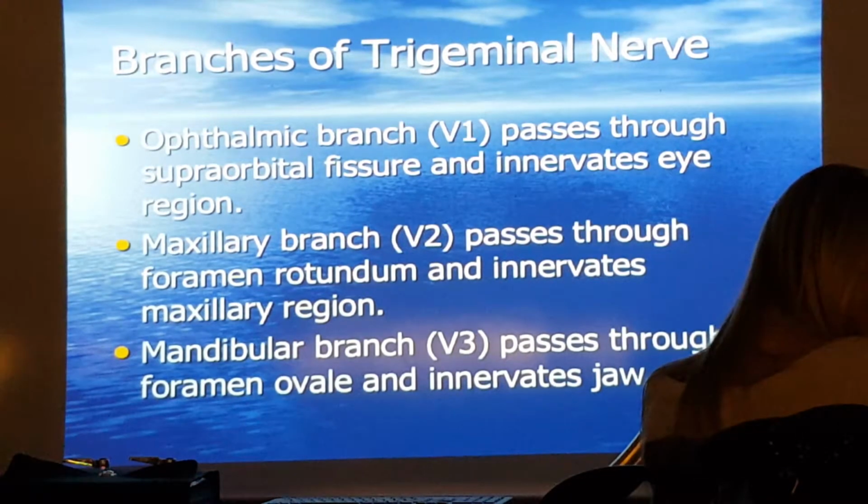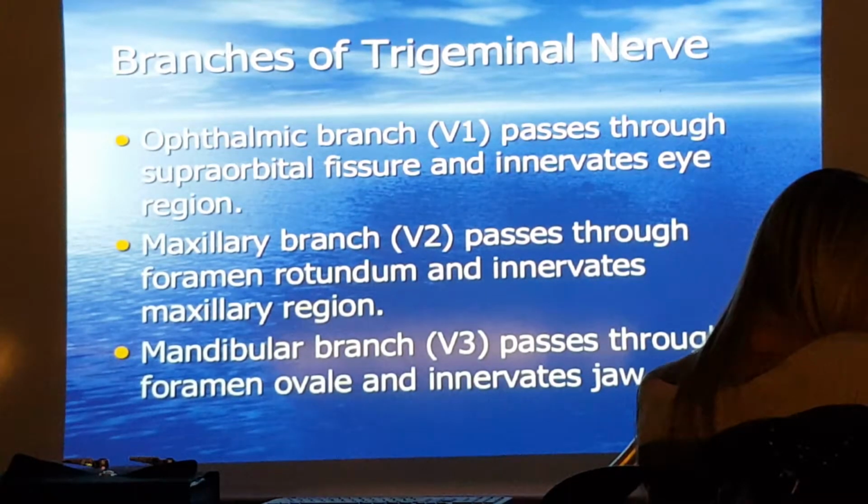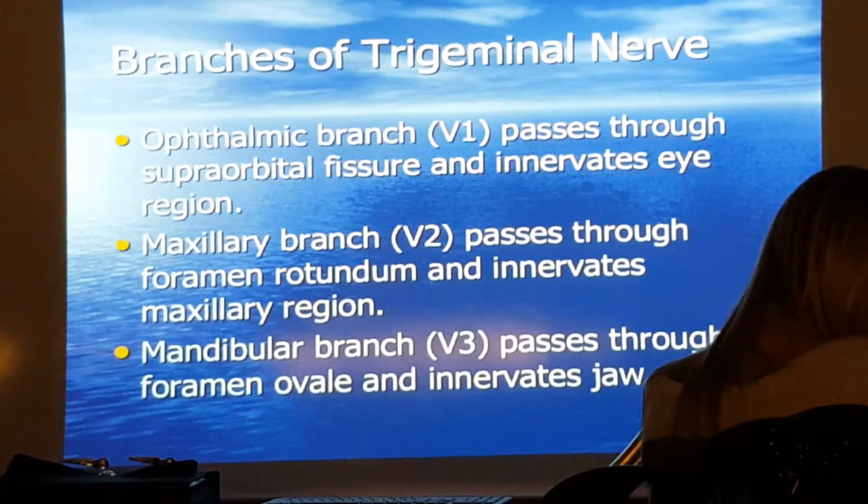If I say this one innervates deep eye structures and passes out through the superior orbital fissure, you'll say the ophthalmic branch of the trigeminal nerve, V1. Do I need to put the trigeminal nerve each time?